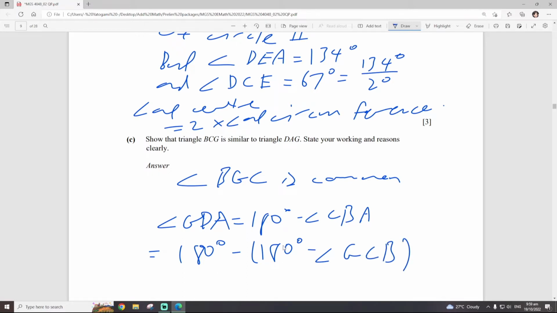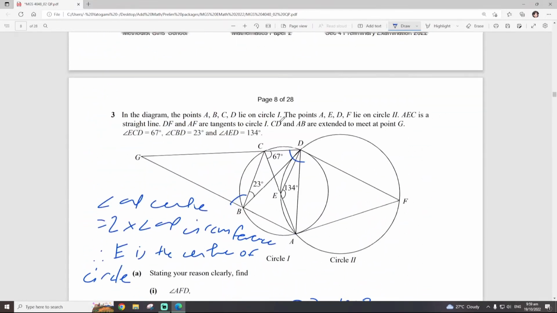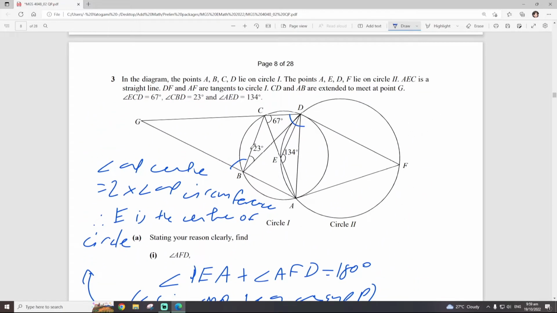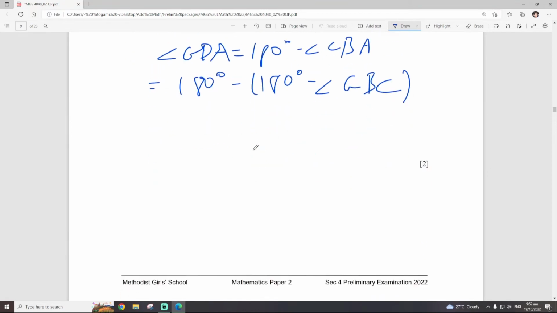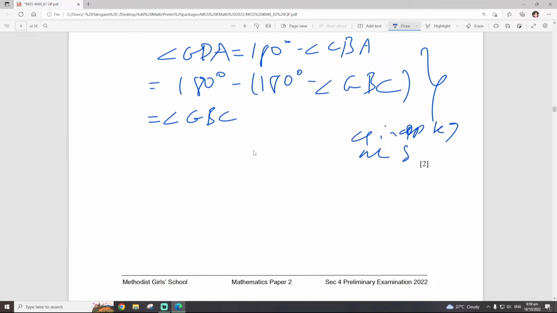Okay, oh, GBC actually, sorry. And you can check that for yourself. Okay, so GBC is this angle, yeah. Okay, that is equal to angle GBC, and this is because angles in opposite segments are supplementary. Okay.